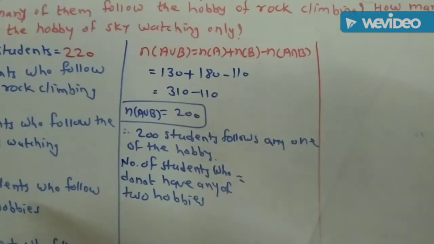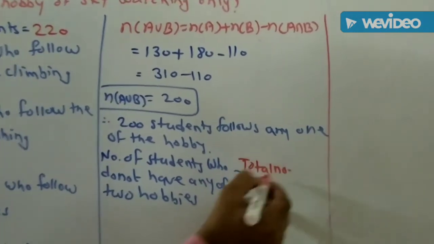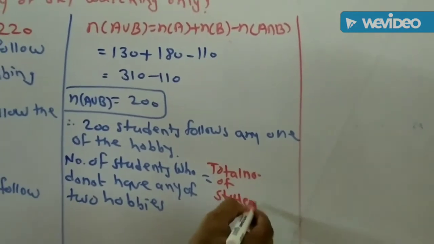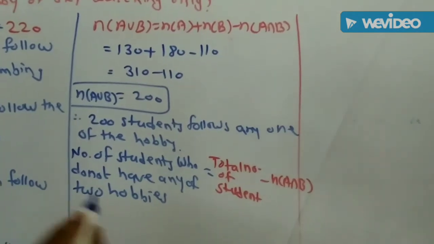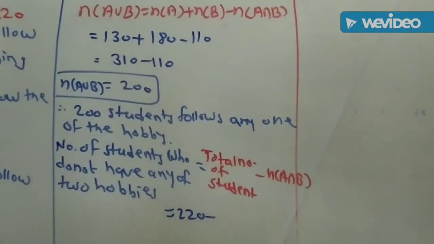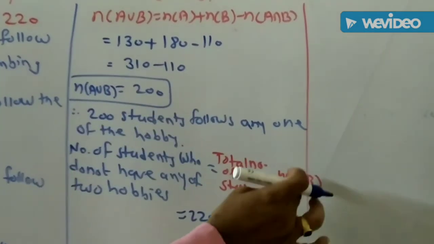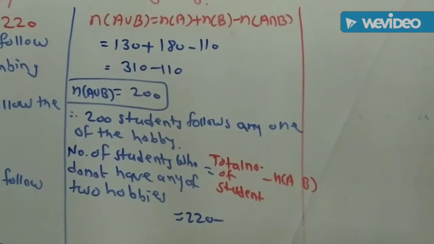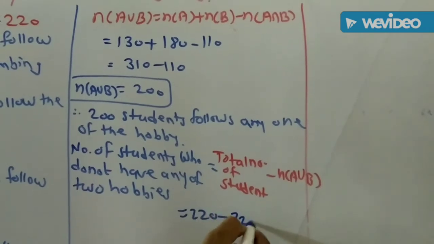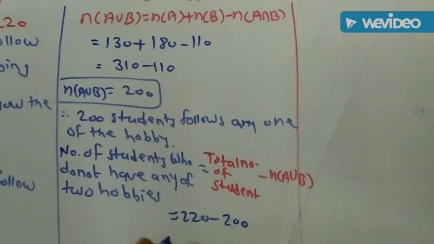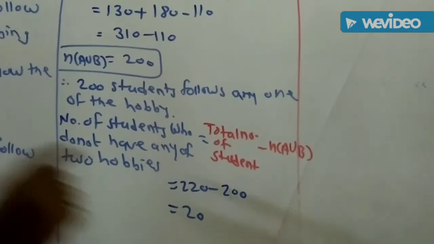How do we find it? Total number of students minus number of A union B. Total number of students is given 220 minus number of A union B, that is the set of all the students who follow any one of the hobbies, which we find 200, and therefore the number of students who do not have any one of the hobbies is 20.